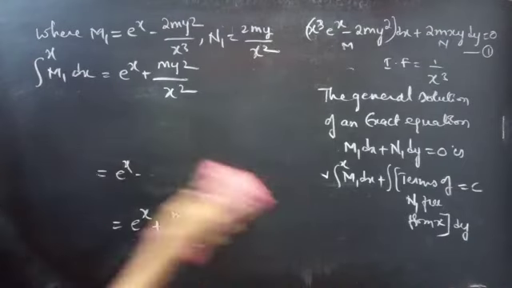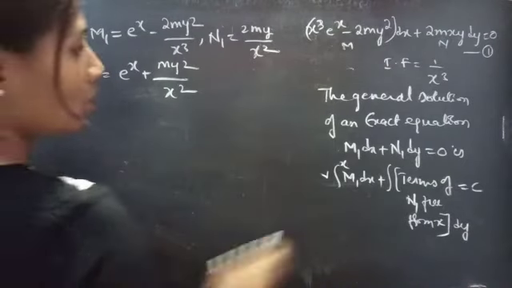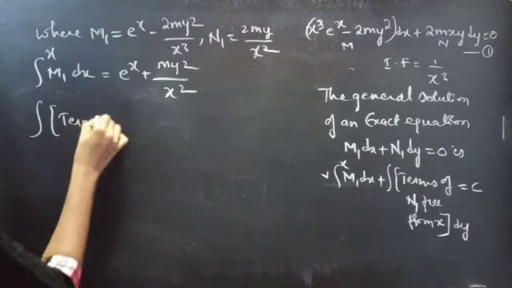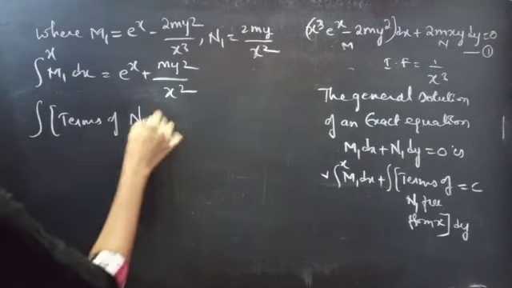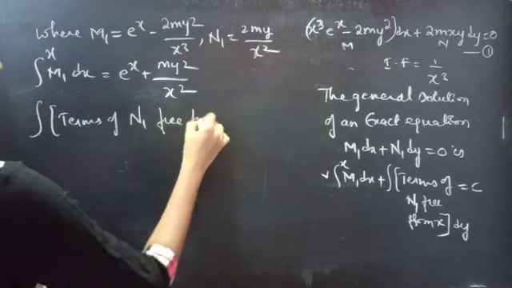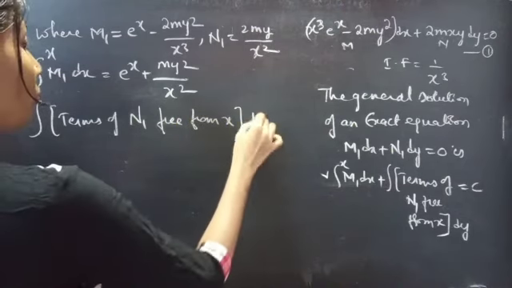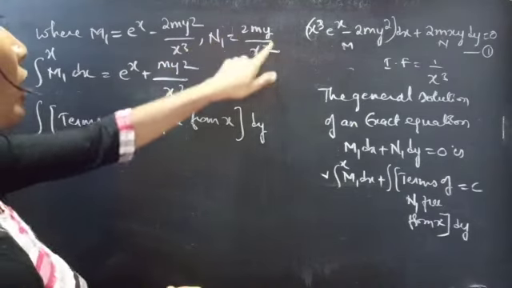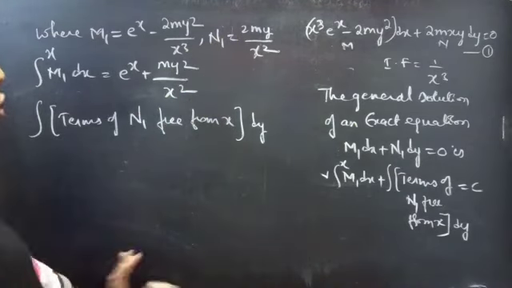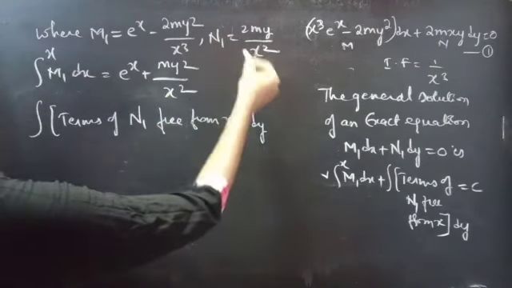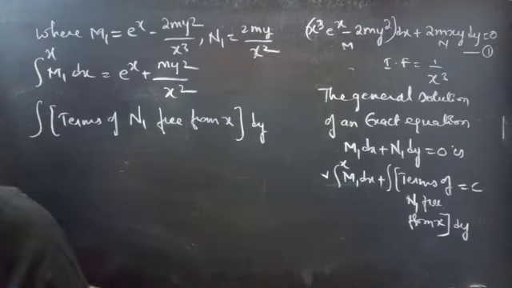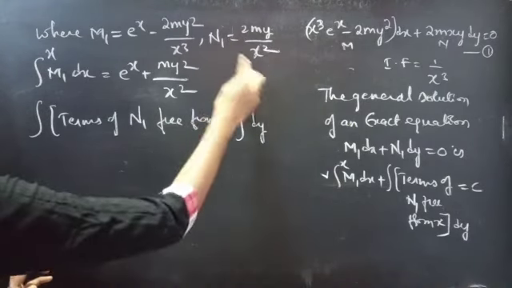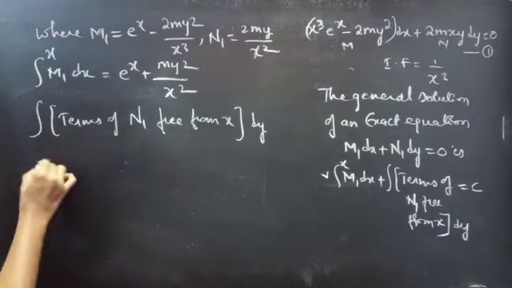Now, we'll find the second integral, the integral of terms of n1 free from x into dy. See, you have n equals 2my by x square, which is not free from x because it has x square, right? So the variable x exists in n.